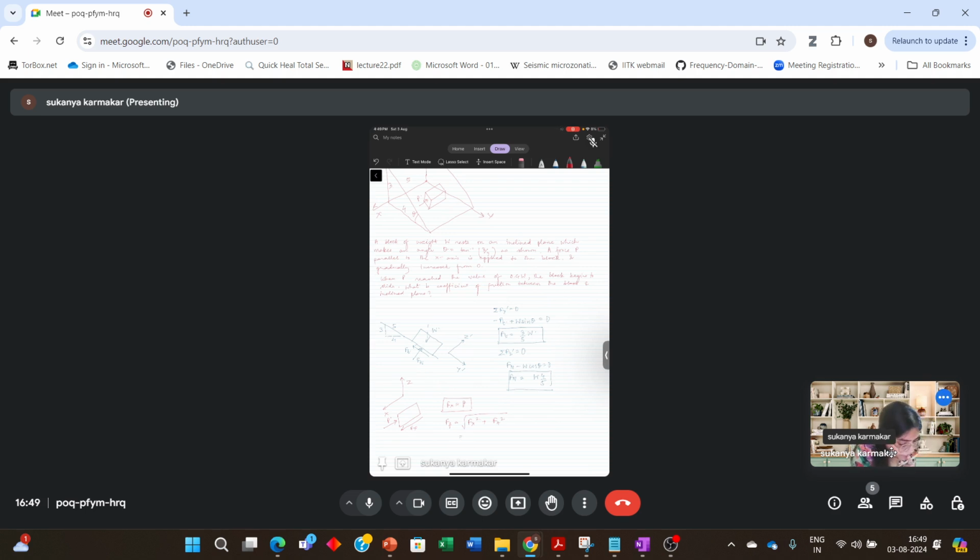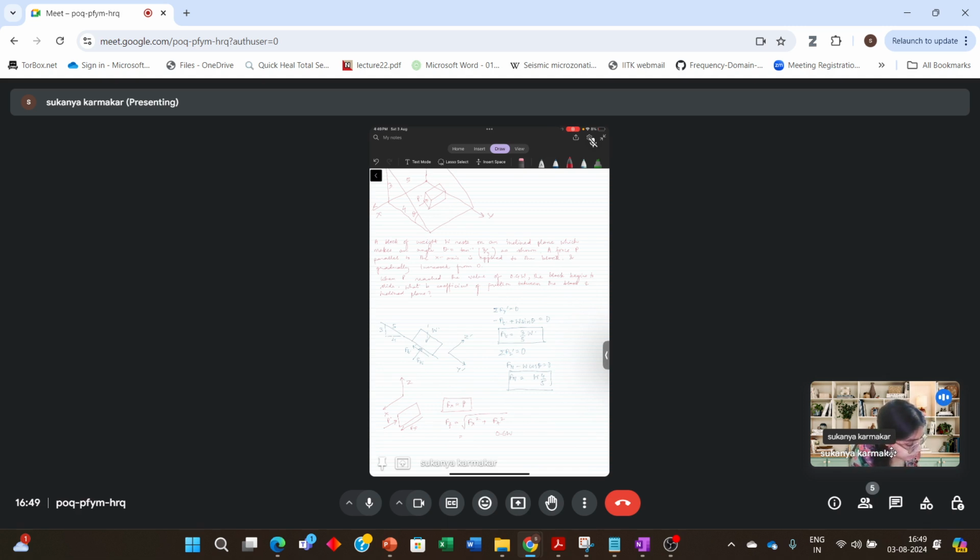Now we know that Ft is 0.6 into W. And what is Fx? When P reaches the value of 0.4 W, the block begins to slide.